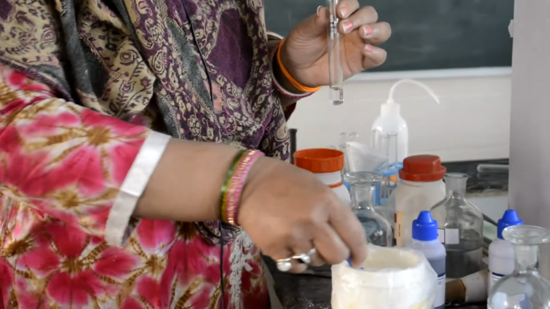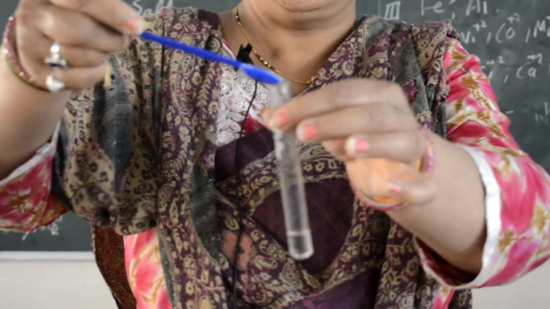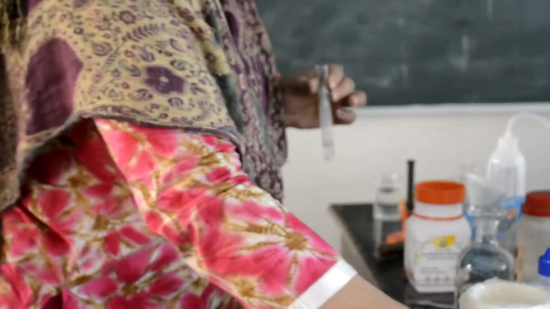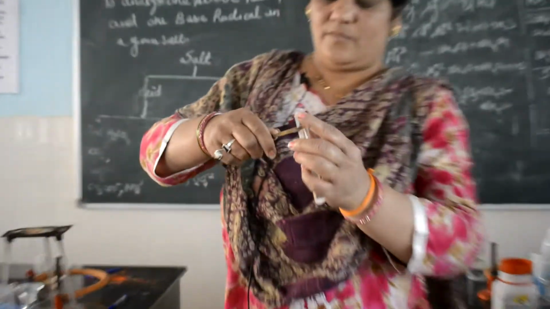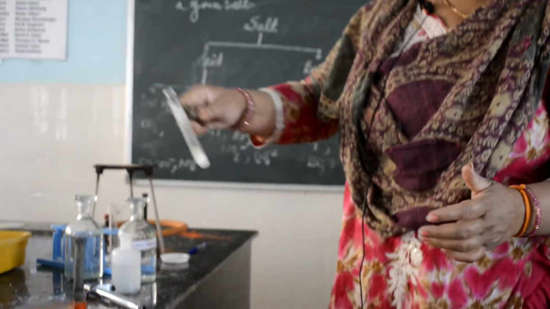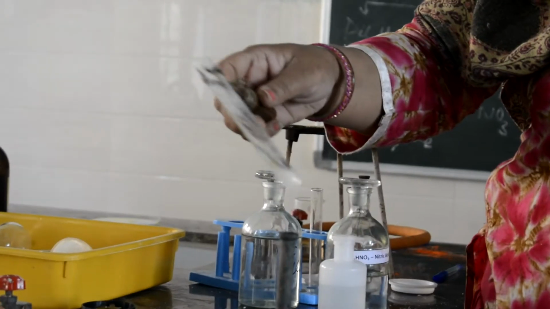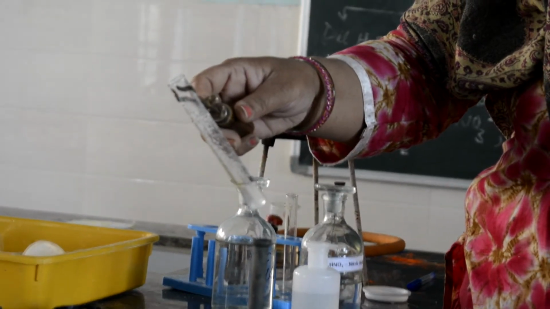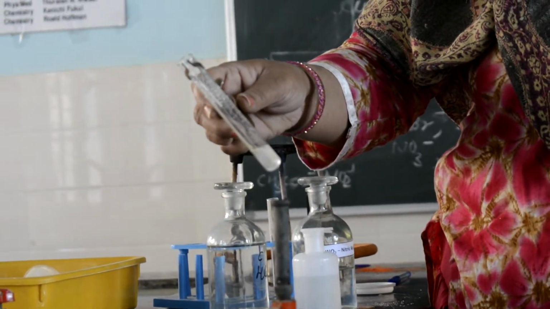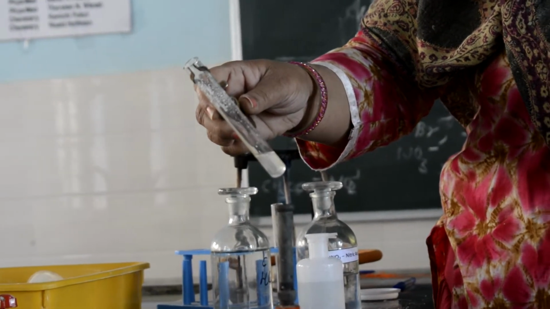Now this is the solid ammonium chloride. Hold with the holder and then boil. Yes, NH4Cl gets dissolved.